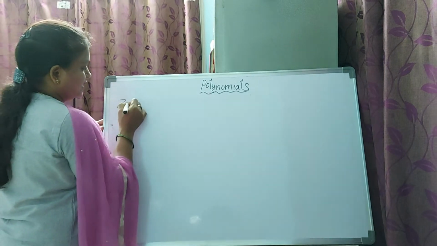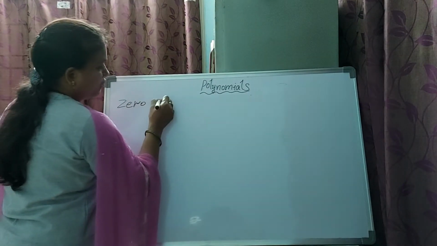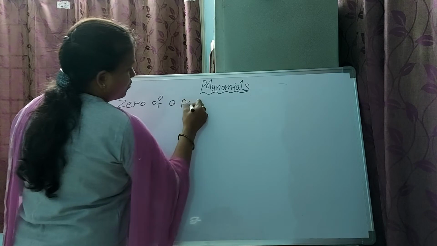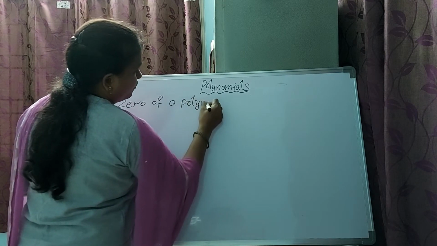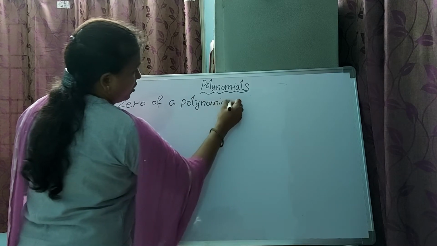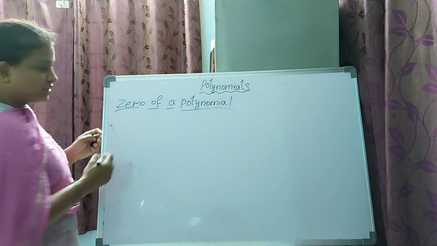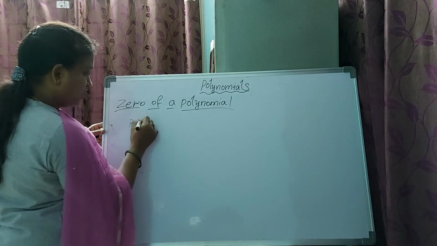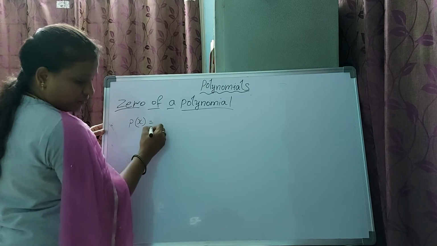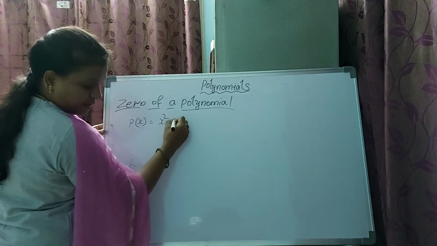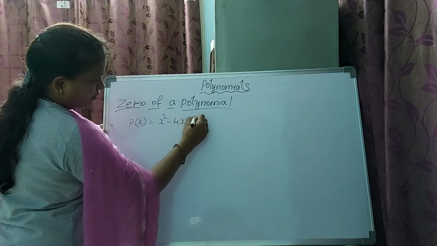See, we'll see here, the zero of a polynomial. For example, P of x is equal to x square minus 4x plus 3.